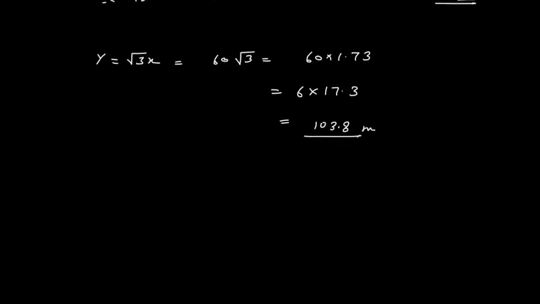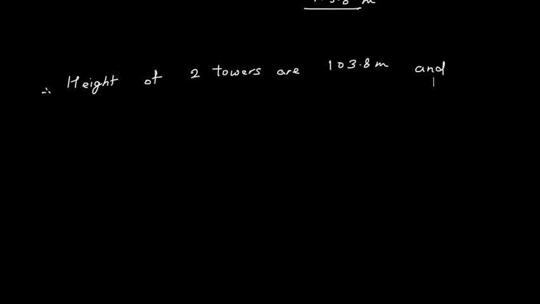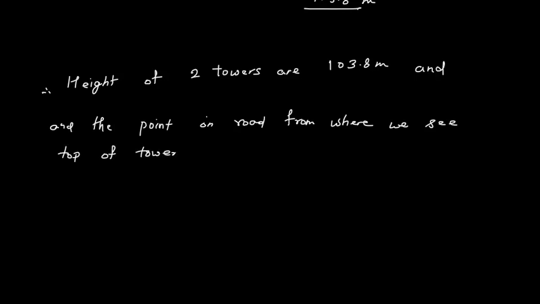So therefore I will say that the height of the two towers is 103.8 meter, and the point on the road from where we see the top of the tower is 60 meter from the base of one tower.